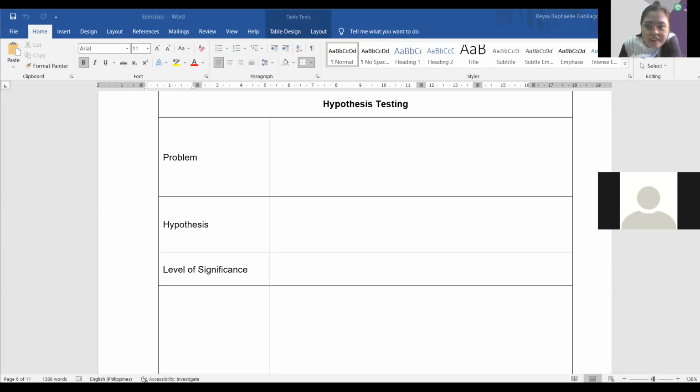Sige. Let's check. Well, let me see the alternative hypothesis. I'll just read na lang. There is a significant difference between the scores on the ESP test of the experimental group and control group. Okay. The given drug has a significant effect on the scores of the human task on ESP sensitivity.